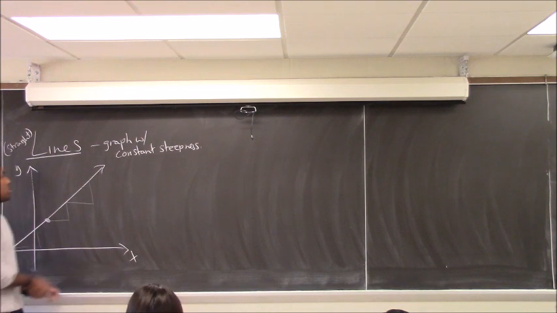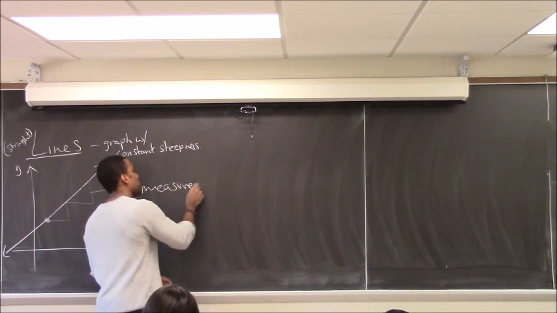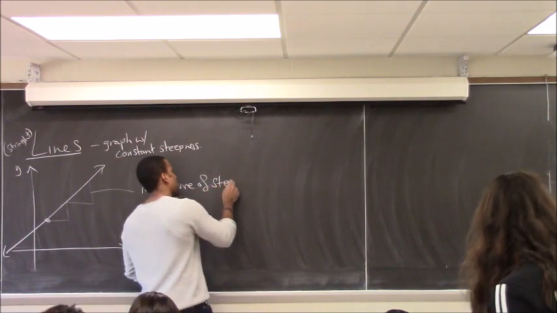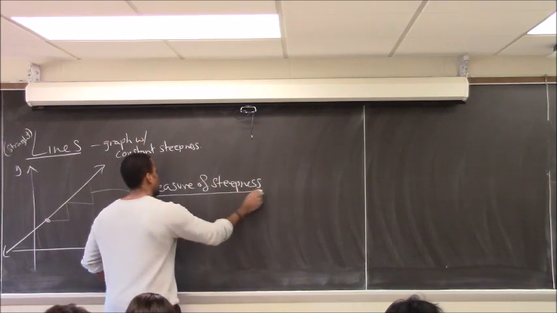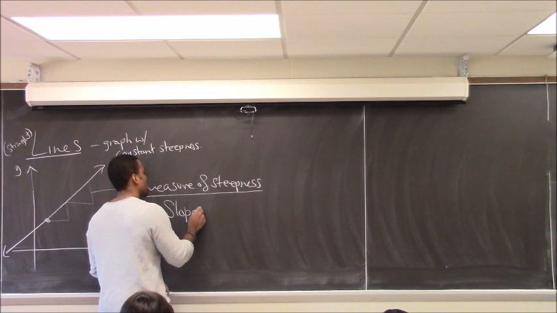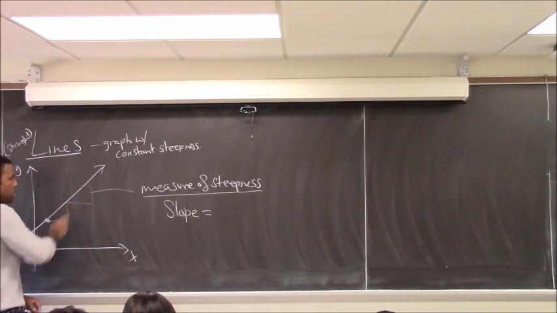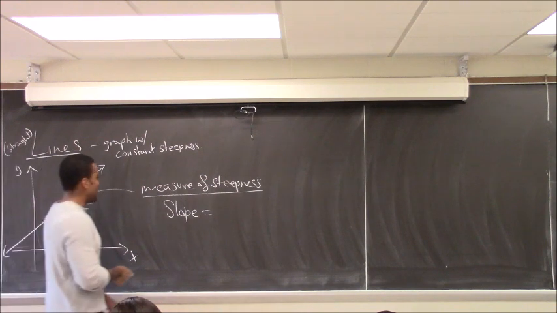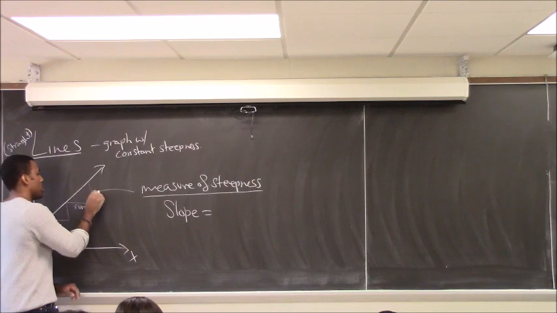So to measure the steepness, we define something called the slope of the line, which we define to be how far we rise over how far we ran. So the horizontal is called the run, and the vertical is called the rise.